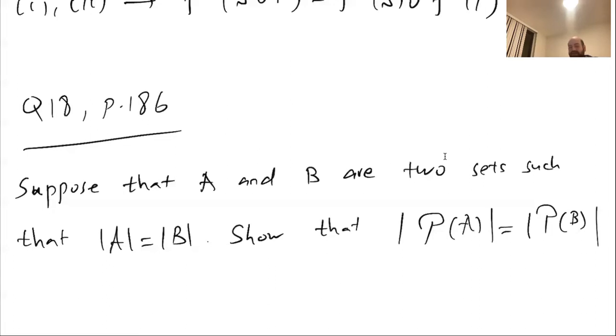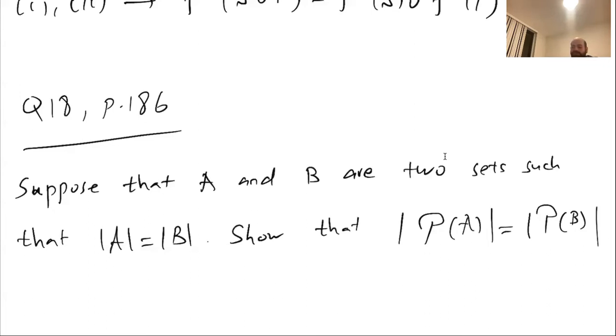But the question is not assuming that A and B are finite sets. So of course, if A and B are finite sets, then this will be obvious. But the interesting thing is, even if A and B are not finite, still the statement is true.